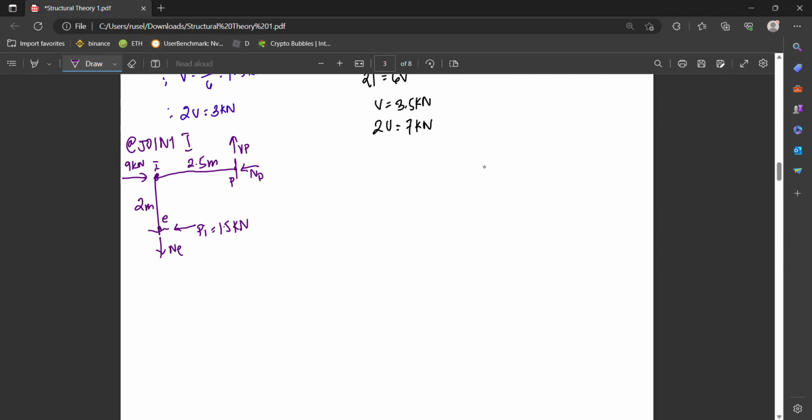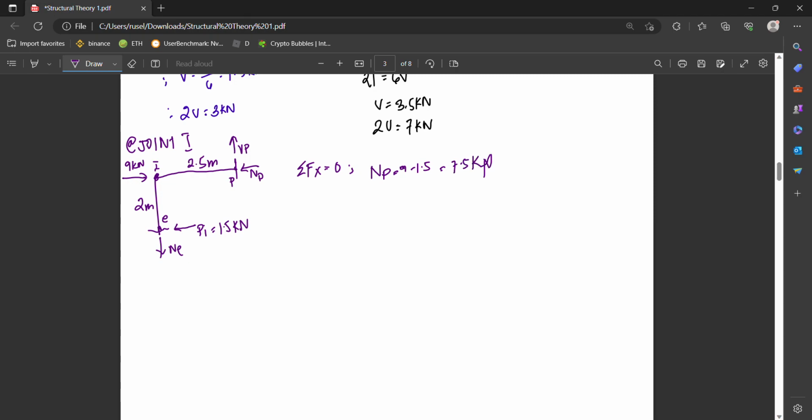So, what happens there is we have to sum up the forces at x equals 0. So you have your NP along x, 9 kilonewton minus 1.5, which is equal to 7.5 kilonewton.